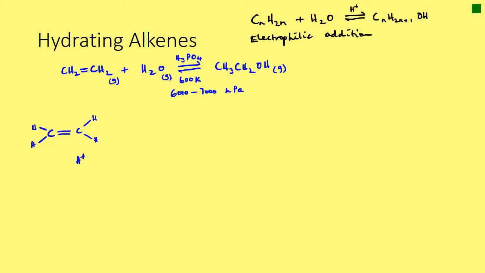So although it's the hydrogen ion that does most of the attacking, the arrow goes from the bond to the hydrogen ion, and it's a curly arrow as usual. So that's the first thing that happens. The electrons in the pi bond attack your electrophile, which is the hydrogen ion, and you're going to make a bond. So let's draw out that bond. We're going to make a bond with one of the carbons.